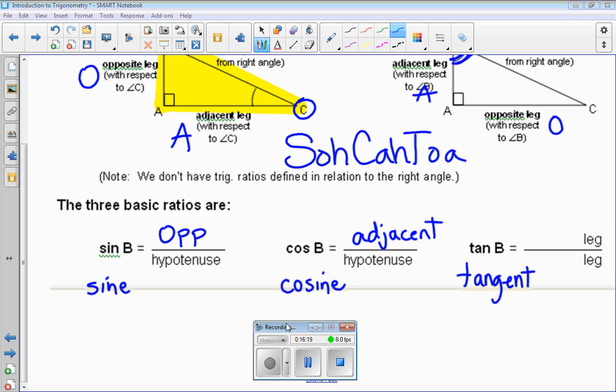And what do you think the tangent's going to be? Opposite over the adjacent. Very good. So if you can remember SOHCAHTOA, that will help you remember the relationship of the trig ratios. What is sine, what is cosine, what is tangent? SOHCAHTOA. All right, you remember.